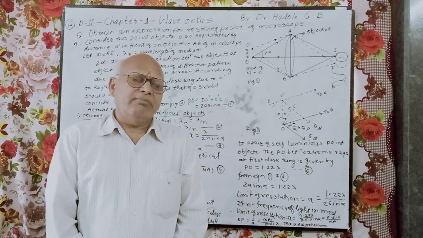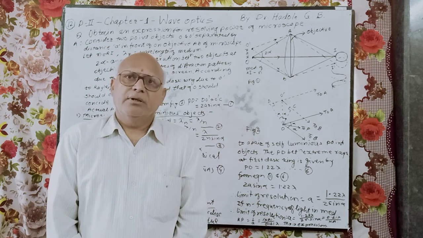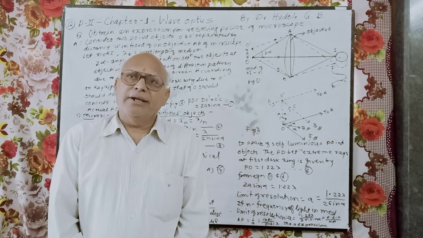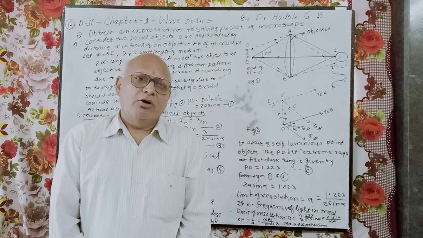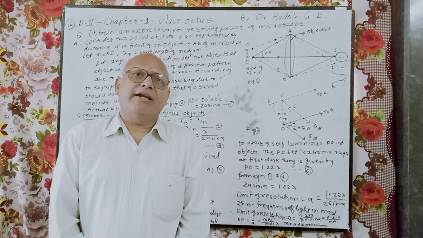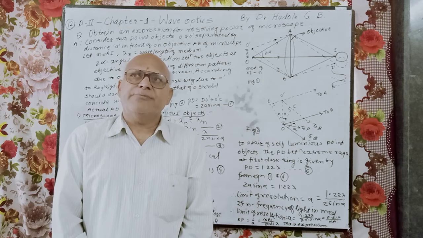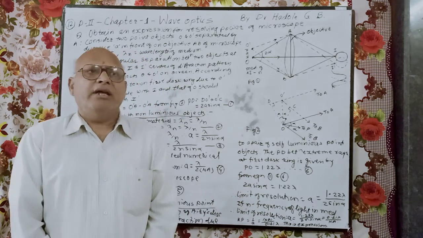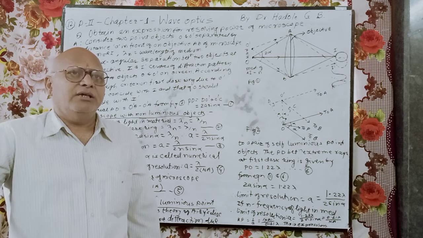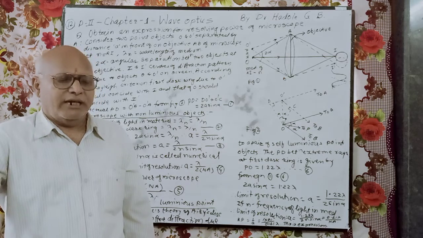Any object can be seen by this phenomenon: light is falling on the object, light is reflected, that enters our eyes, falls on the retina, and we have the sensation of that object, or we can see the image of that object.